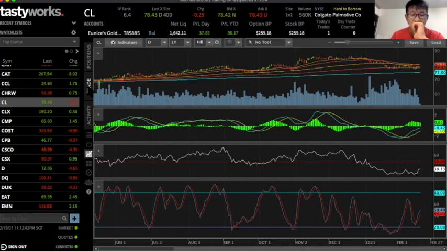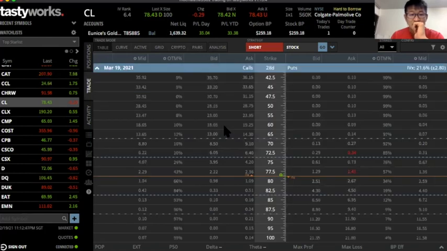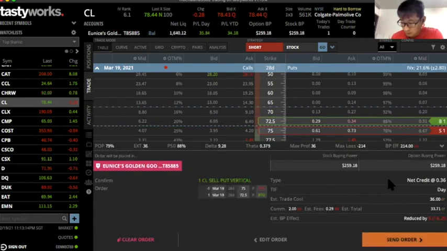So you try Colgate over here, looking at 1 week away. So probably we try 17, 85%, 70%. This is about 36 cents. So what's the premium? We are looking at the ROI over here. It will use up $259 of your buying power, which means you will lock your cash in order to hold this position.